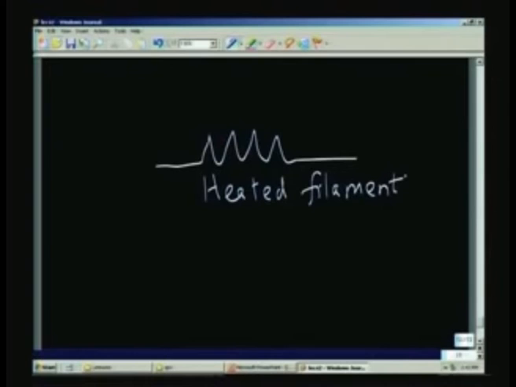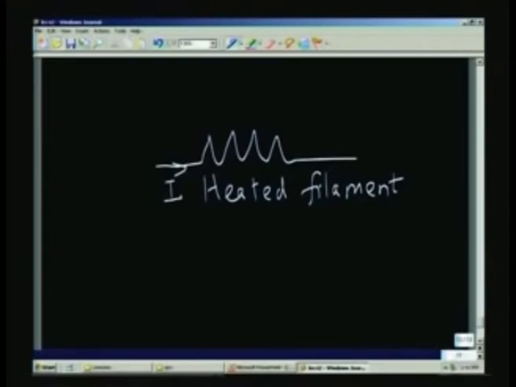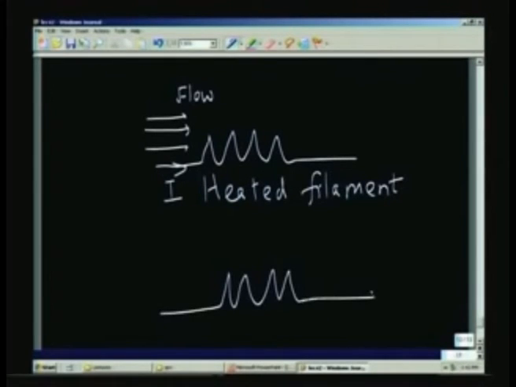Actually, we have come across this thermal detection earlier, when we were talking about pressure transducers and so on, and we have already discussed some of these issues, but just to recapitulate, I am looking at it again. So, I have a heated filament, that means I am passing a current through it, and now I make the gas flow across it. So, let us make one more sketch, a similar, identical filament.